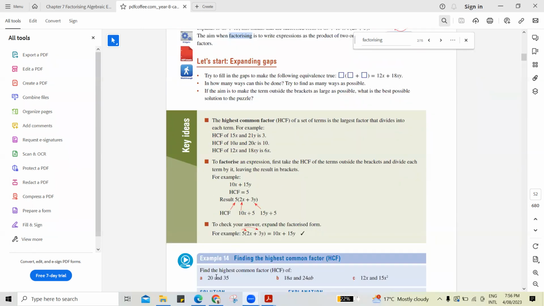Now these 3, can you try the highest common factor? I give 5 minutes. 20 and 35, 18 and 24b.